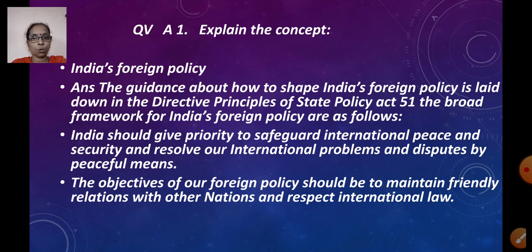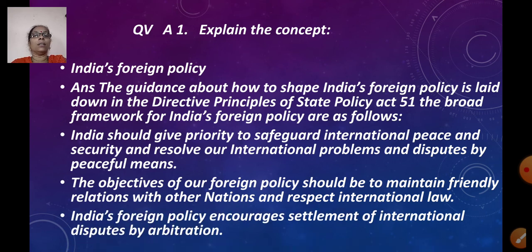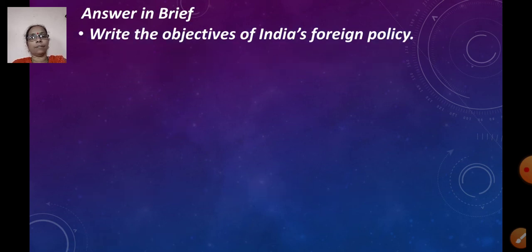The last two questions of your paper, you will have to type the answers. No options will be given to you. So the last, fourth point, India's foreign policy encourages settlement of international disputes by arbitration. And then you have the last question of your paper, that is answer in brief.